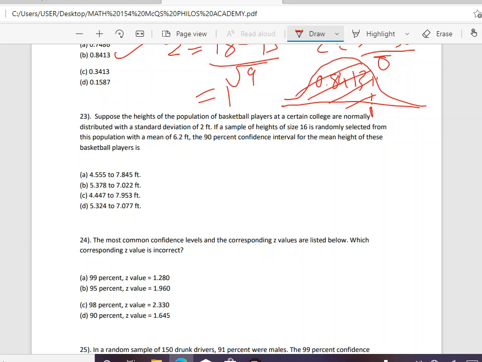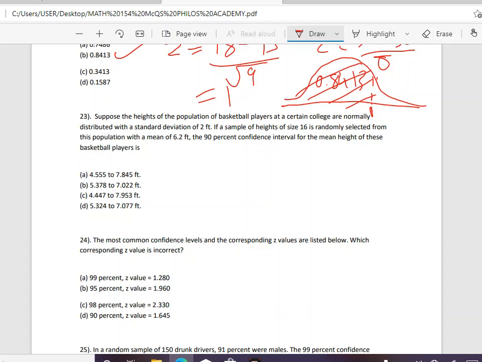Now, to do this, what's the formula for the confidence interval? You should know whether you are going to use Z or T. To determine that, check the sample size and also check the standard deviation.